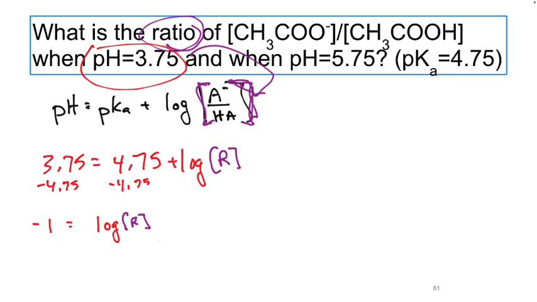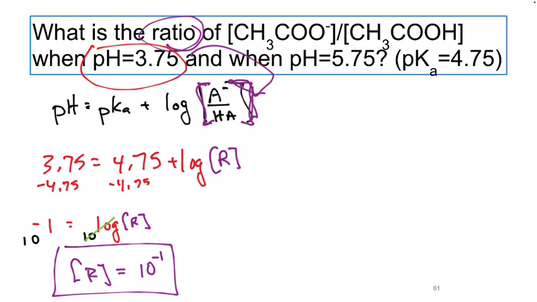I can then take the antilog of both sides. What's the antilog? Power of 10. That power of 10 cancels out, and I get the magic ratio of R equals 10 to the -1, or if we wanted to look at this differently, 0.1.